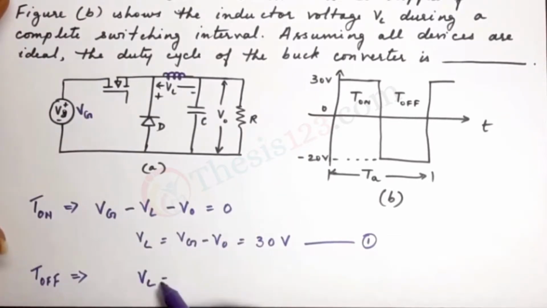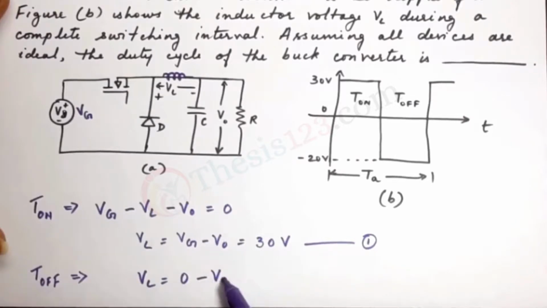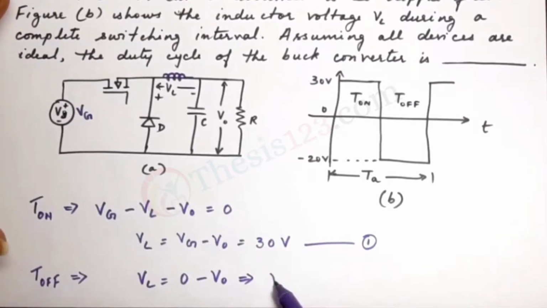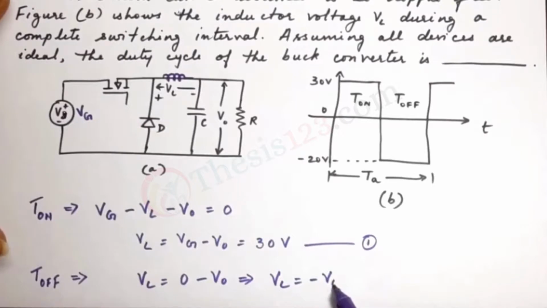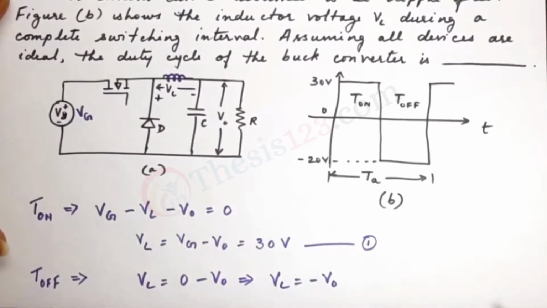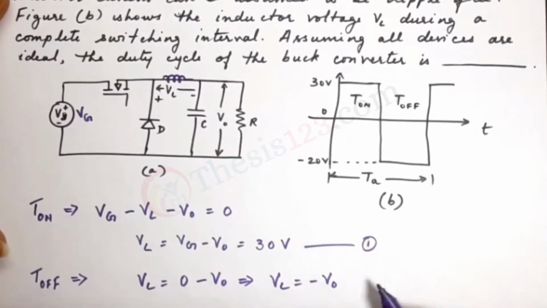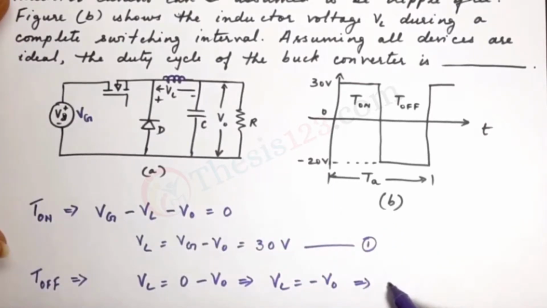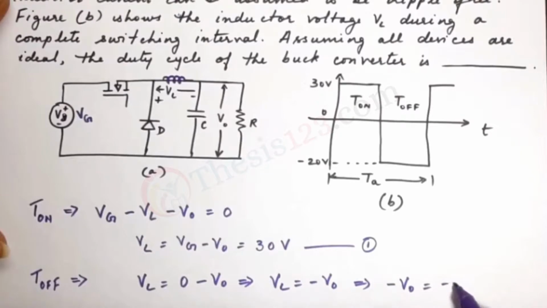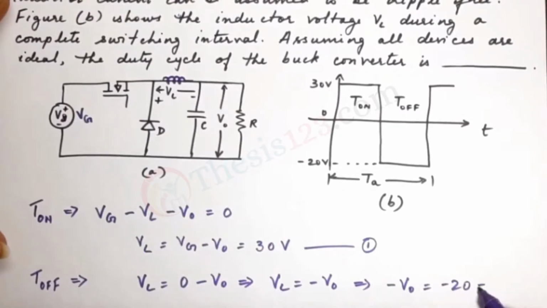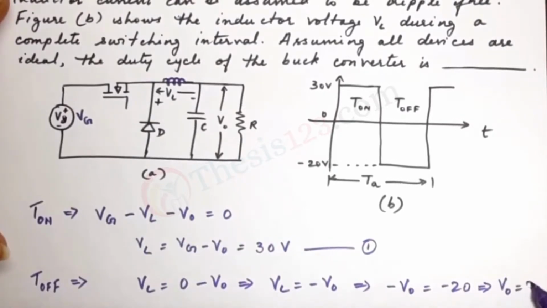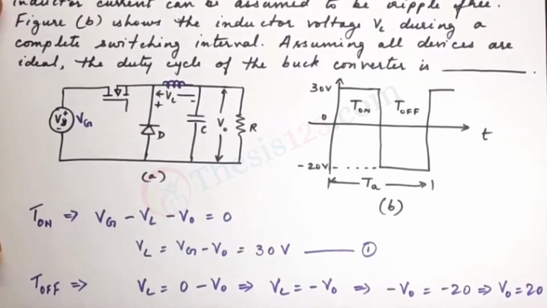So VL would be equal to 0 minus V0, which gives us VL is equal to minus V0. Right? So during T off, VL is minus 20. And this further implies that minus V0 is equal to minus 20, and that gives us that V0 is equal to 20.